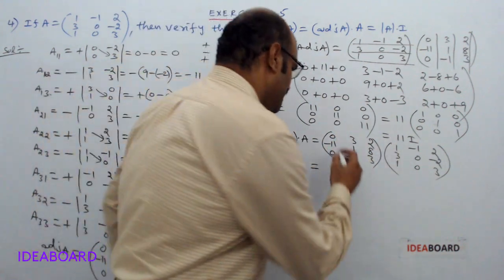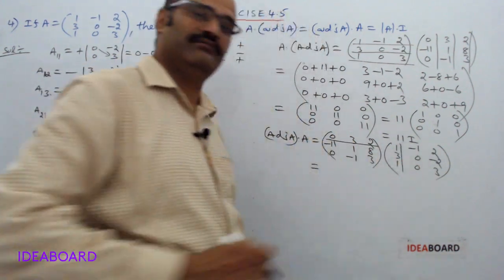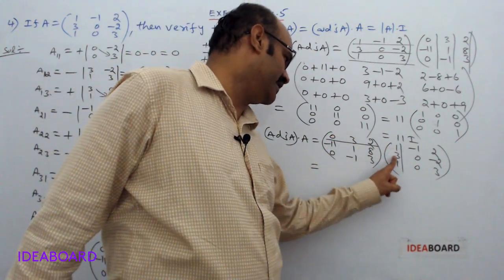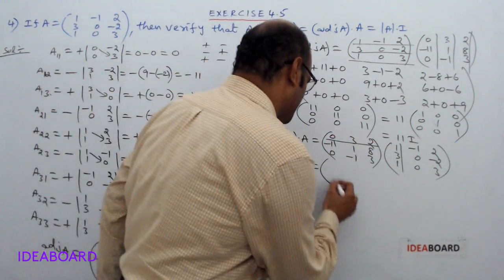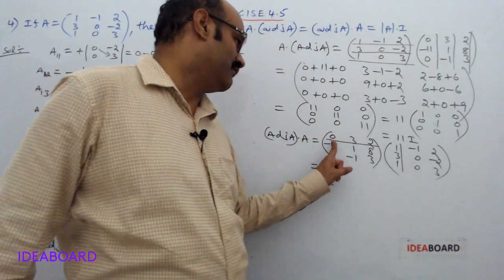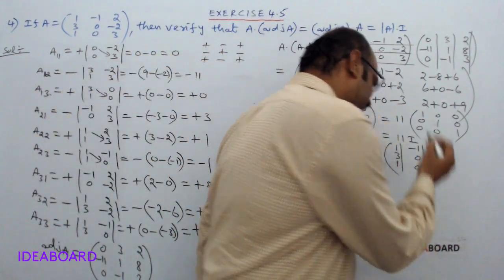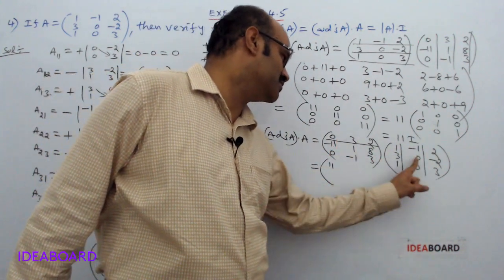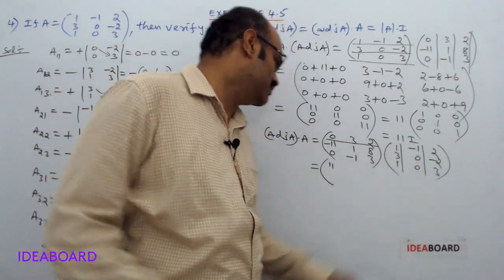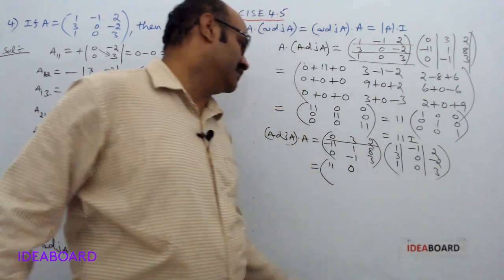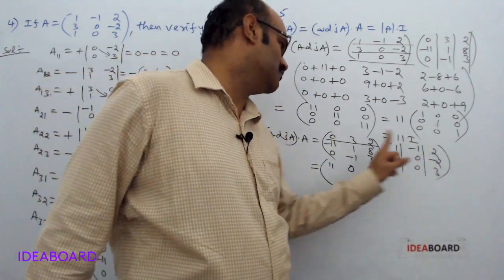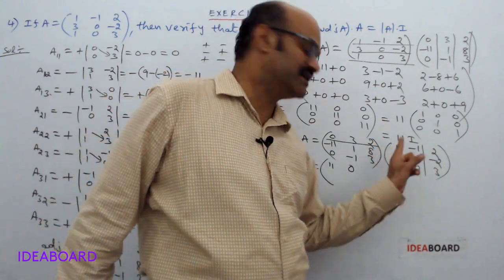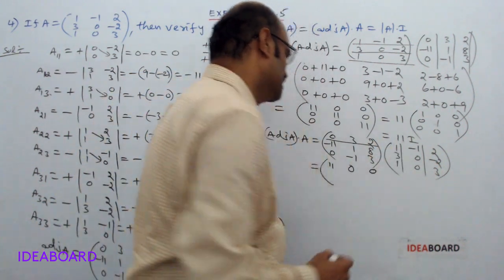First row into first column, we get 0 into 1, 0, 3 into 3, 9, plus 2, we get 11 here. Next, first row into second column, 0 into minus 1, 0, 3 into 0, 0, 2 into 0, 0, so 0. Next, 0 into 2, 0, 3 into minus 2, minus 6, plus 6, so minus 6 plus 6 becomes 0.